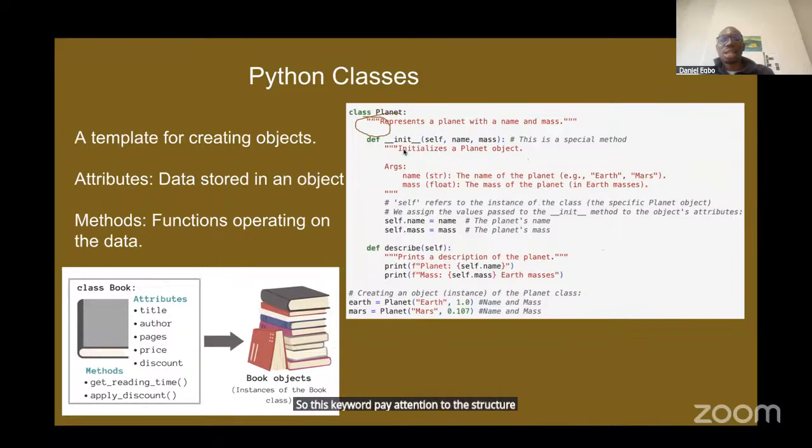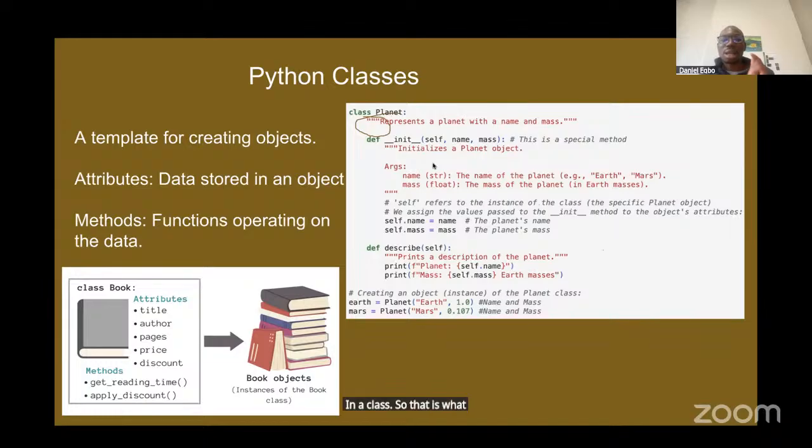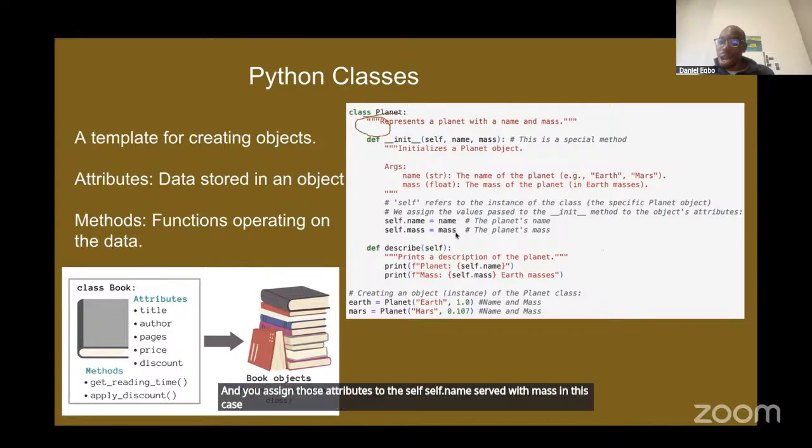You have the init, double underscore, init, double underscore, and you have the parentheses where it takes self, name, mass. This is how you create an object. This is how objects are created in a class. That is what differentiates a class and a function. And you assign those attributes to self.name, self.mass. So in this case, you have created the attributes.